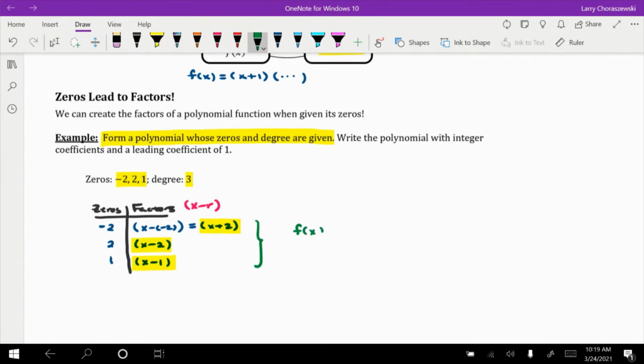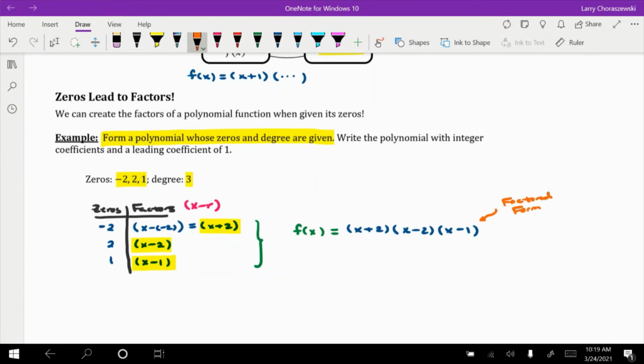Let's write f of x equals, and we'll take x plus 2, we'll multiply it to x minus 2, and we'll then multiply by x minus 1. And this would be our polynomial function, and the format that it's in is what I like to call factored form.